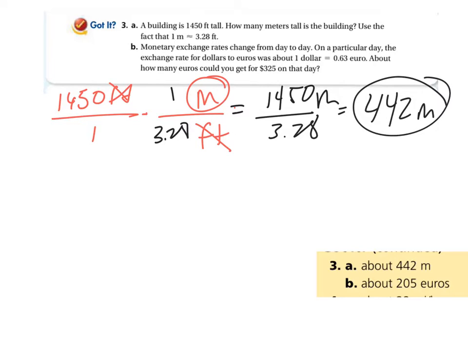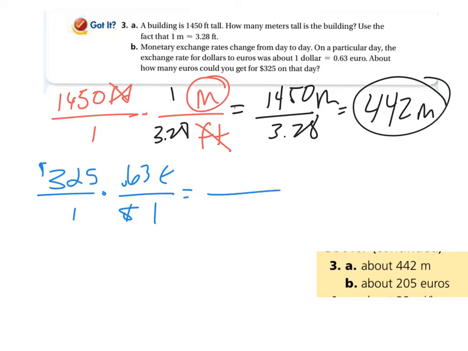Alrighty, B. A monetary exchange rate changes from day to day. On a particular day, the exchange rate for dollars to euros was about $1 to 0.63 euros. So again, dollars is going to go on top. We're going to start out with $325 over 1, and we're going to put dollars down and euros up. And we know $1 is about 0.63 euros.